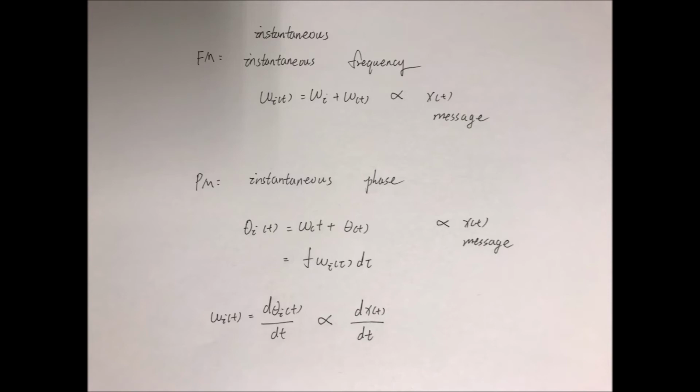For PM, we use instantaneous phase. So we call it theta_i. For instantaneous phase, my phase is proportional to the message.